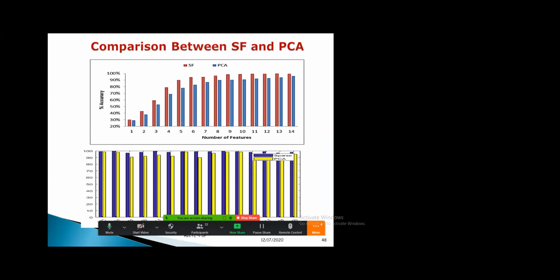So between SF and PCA, if I can tell you the comparison, you can also see for yourself here that accuracy increased much more with SF. It means a more accurate representation of the classes was given by the sparse filter compared to PCA, which is a very standardized method.